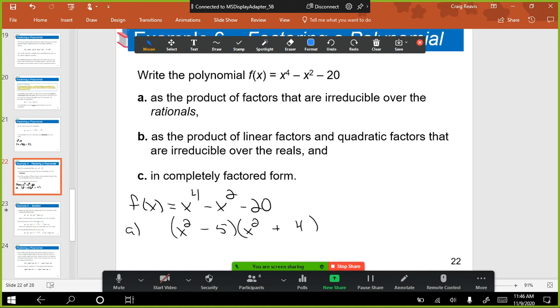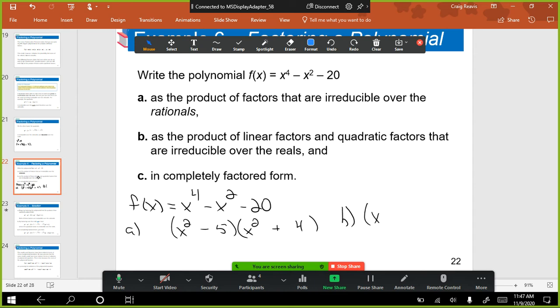Yes. All right. Now, if I want to go a step further, B, and I want to factor this over reals, that means I can now use the square root of a number. I can't use any i's yet because I'm only talking about real numbers, correct? So if I want to reduce this over reals, the one that's a minus, I could go ahead and factor that further.